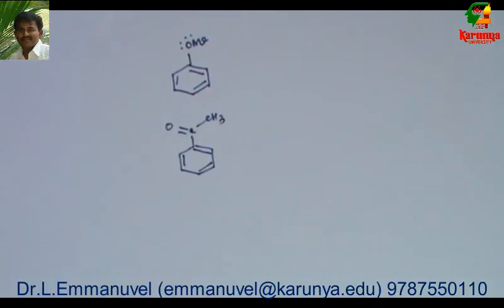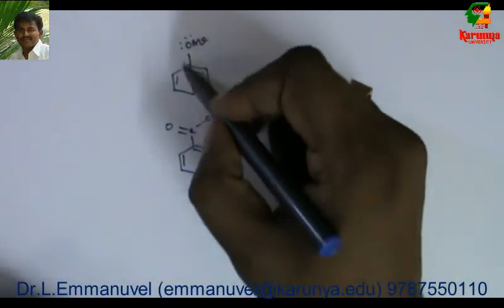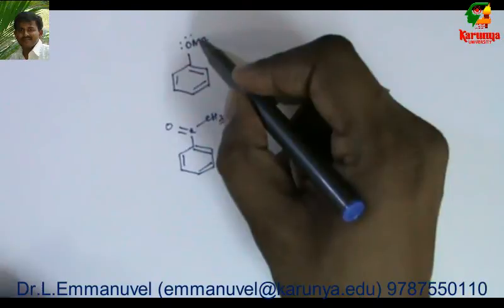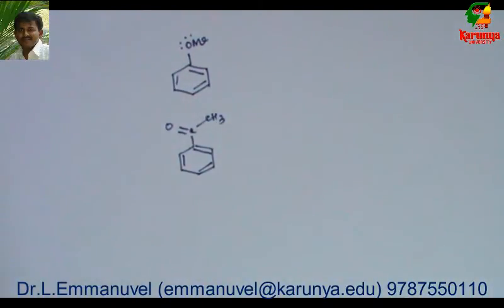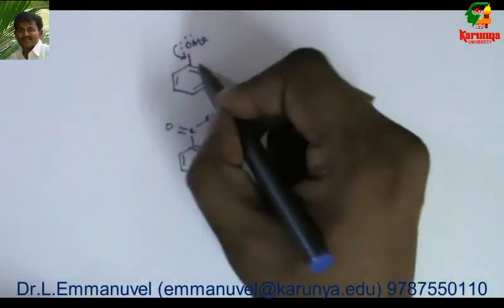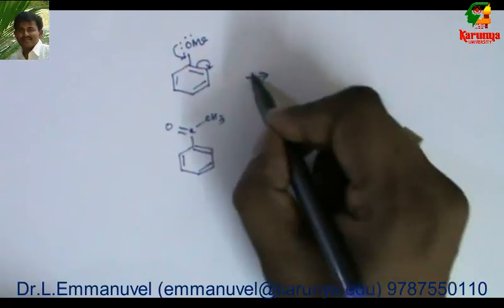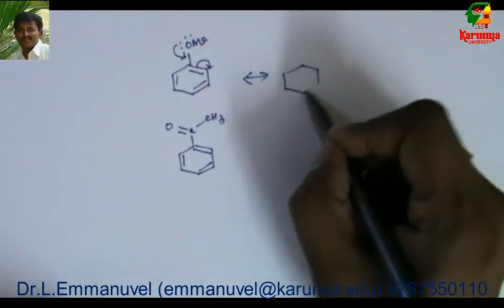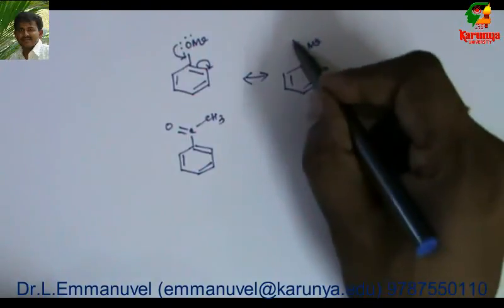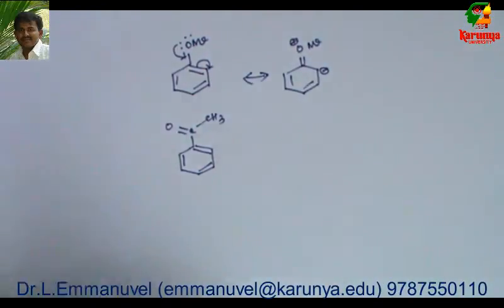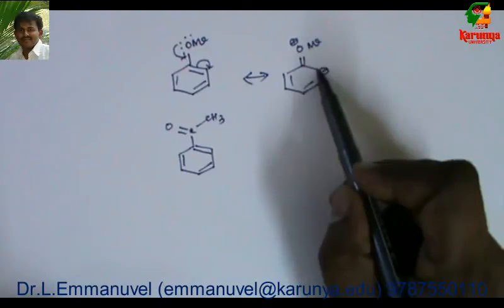Now this is an aromatic ring. So this particular portion is nothing but methyl vinyl ether, and this is methyl vinyl ketone, similar to the one I have discussed. Because of the resonance, what I get is positive charge. So it increases the electron density on this atom.